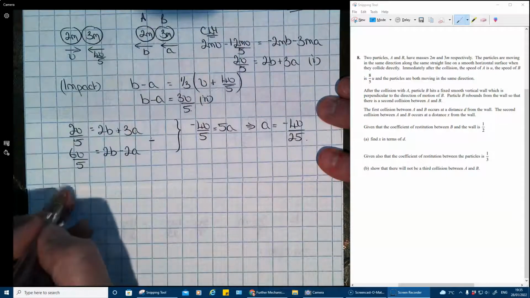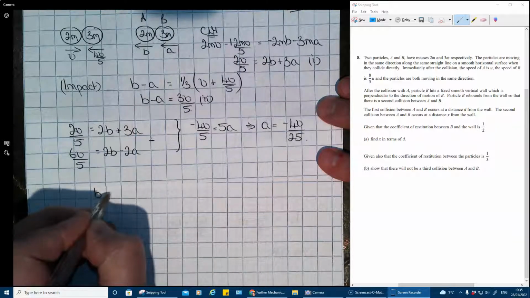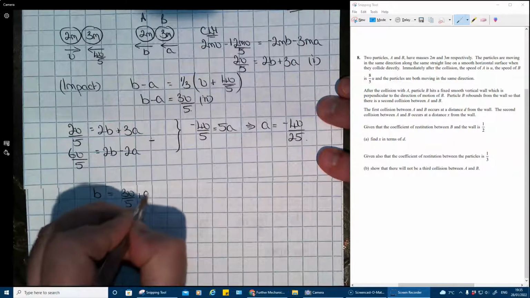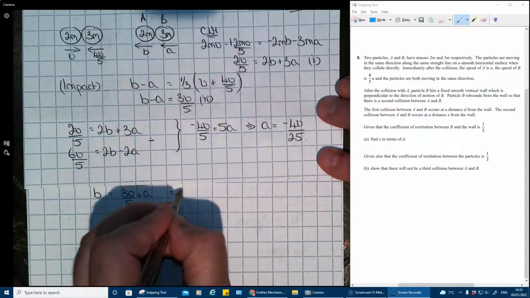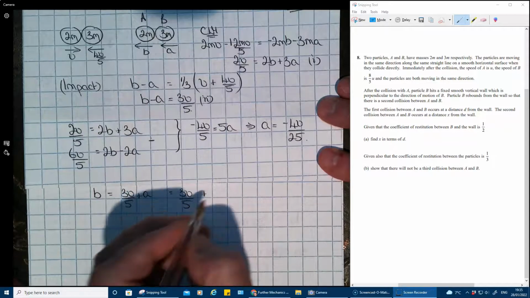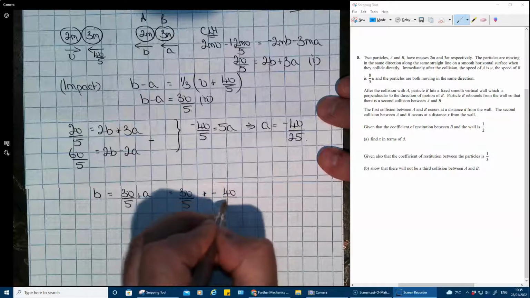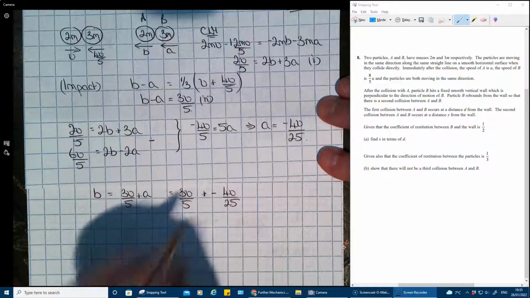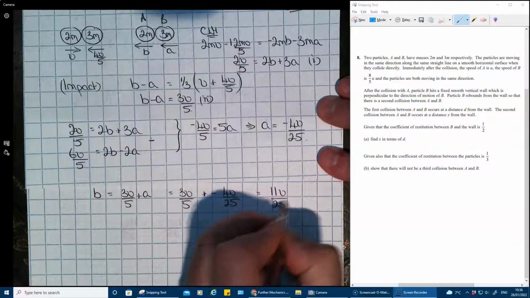If I find velocity b, so b equals 3u over 5 plus a, using the formula here, which equals 3u over 5 minus 4u over 25. Make them both over 25, so that's 15 over 25, take away 4 over 25, it's 11u over 25.